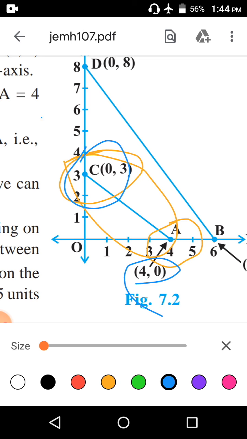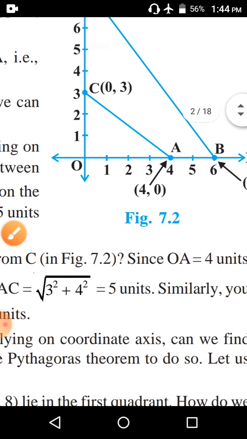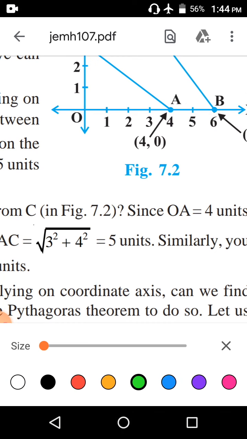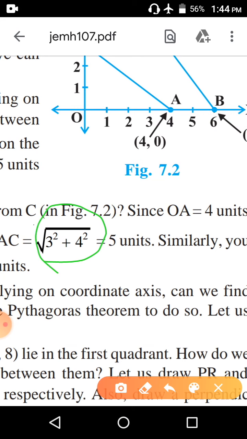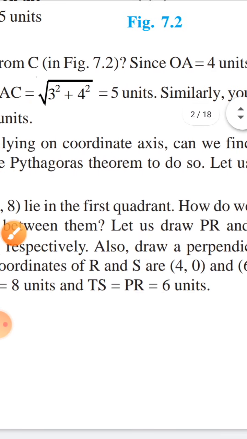AC squared is equal to 3 squared plus 4 squared. So AC is root 25, which is 5 units. This is how you understand the distance formula.